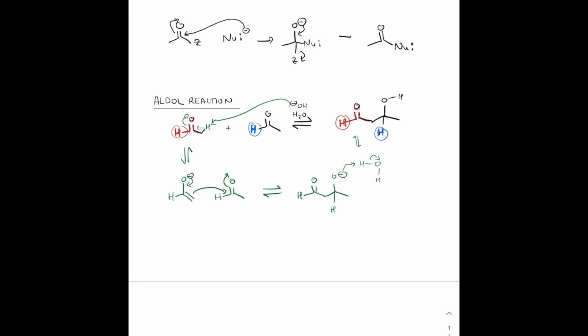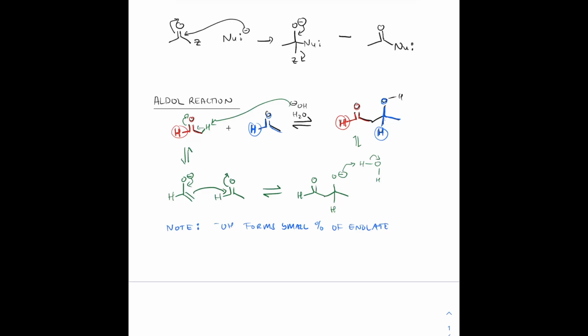I've highlighted the protons in red and blue just to show you where those ended up and how we pretty much just jam those two aldehydes together, forming an alcohol as well as an aldehyde.